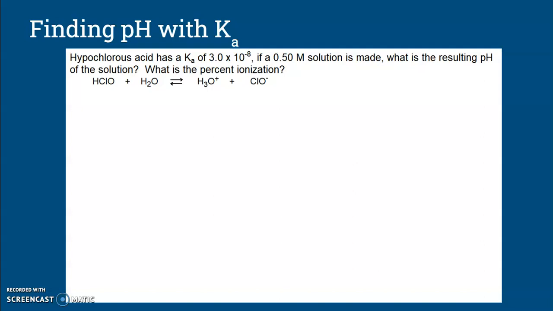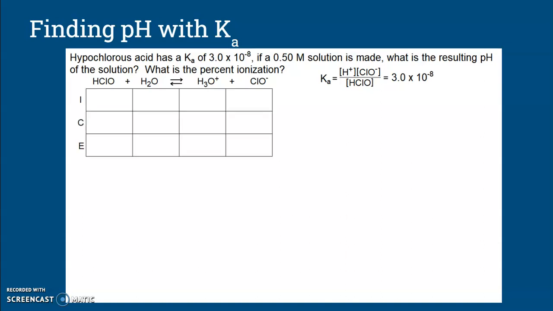So we set up our table, again trying to figure out what is the amount of H plus and ClO minus relative to the amount of HClO that did not dissociate and dissolve into solution. So I need to figure out how much there is of each, knowing that my Ka is 3.0 times 10 to the negative eighth when it gets to that equilibrium point.